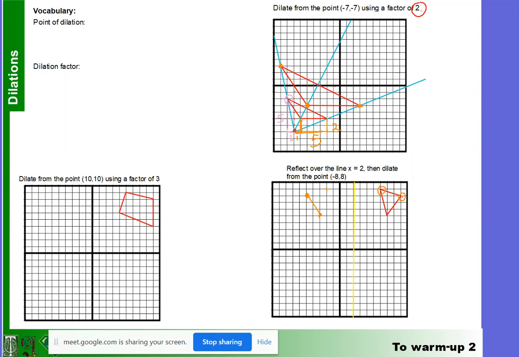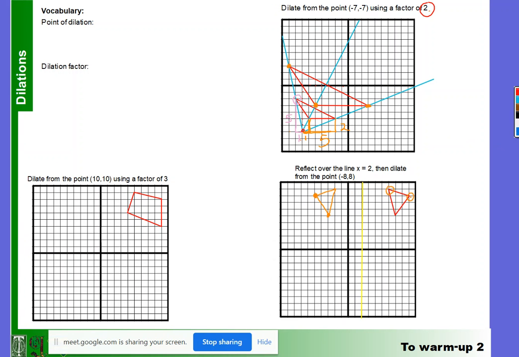Okay, so this is our reflection. And now we are going to have a dilation. And let's, just for funsies, let's find the point of dilation. And it says the point of dilation is -8, 8.